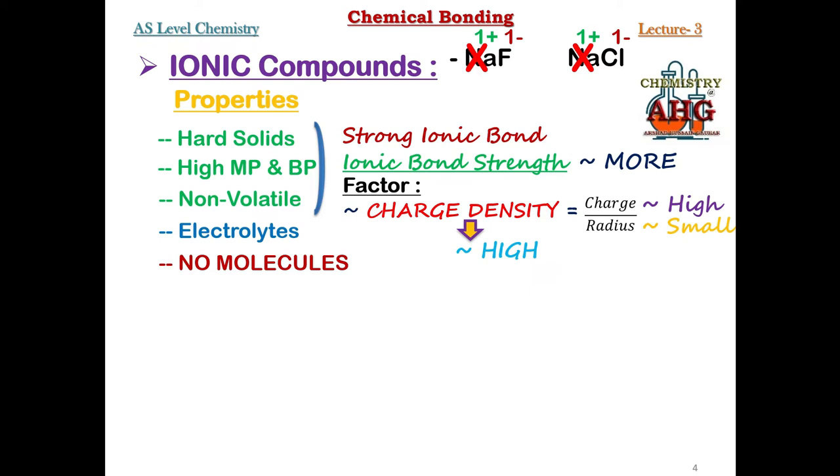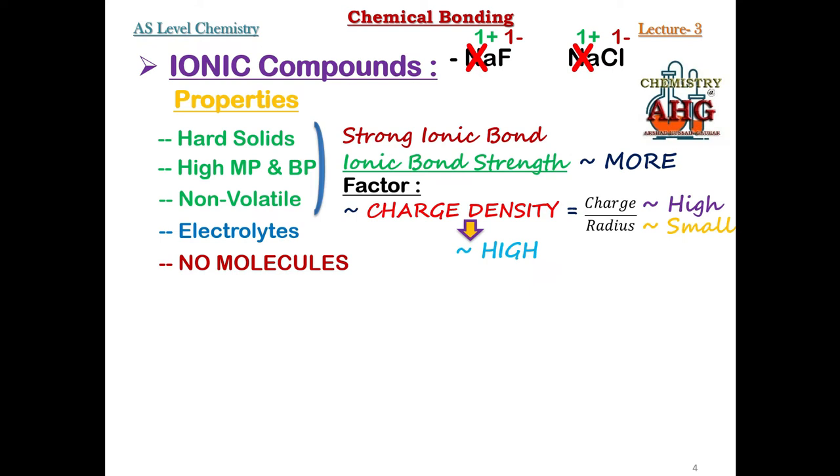How can you decide the radius from the periodic table? An element with lesser atomic number has small radius. If you look at the periodic table, the atomic number of fluorine is 9, while the atomic number of chlorine is 17. So what does this mean? It means the fluoride ion is small in radius.